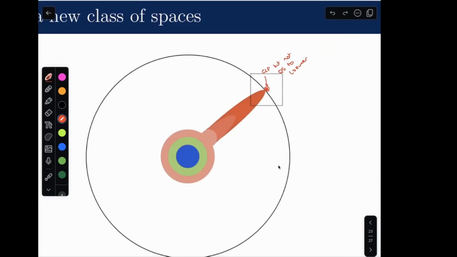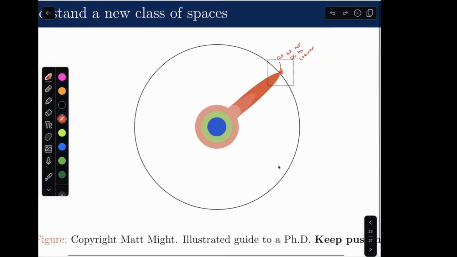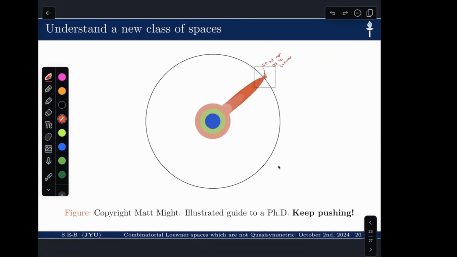Now we were able to push this a tiny bit by constructing these natural, weird examples. But there's this whole other world of spaces, all the other examples: the Sierpinski carpet, boundaries of hyperbolic groups. So we did not answer Bruce's question for boundaries of hyperbolic groups. This remains open.